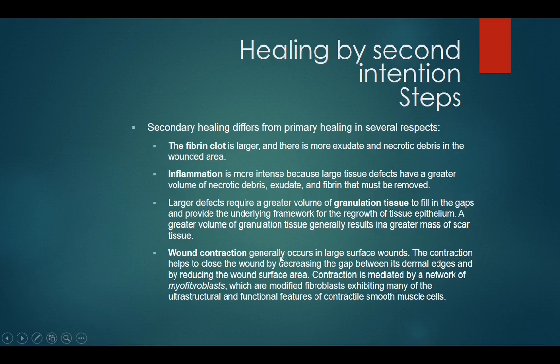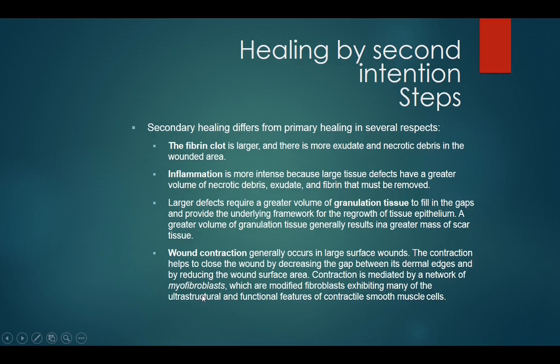Wound contraction generally occurs in large surface wounds, where there is large deposition of fibroblasts, and in the later step there is contracture, like apposition of the epithelium. That is done by fibroblasts, which try to contract the wound, so the dermal edges come close and reduce the wound surface area.